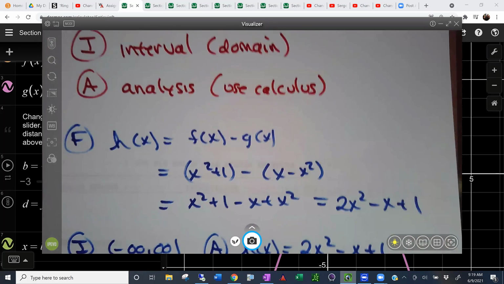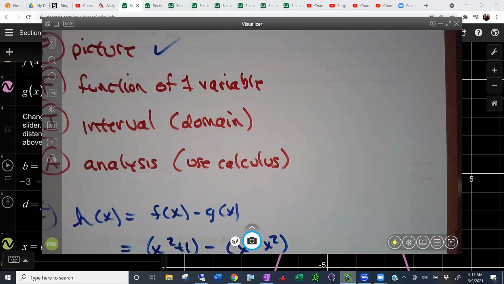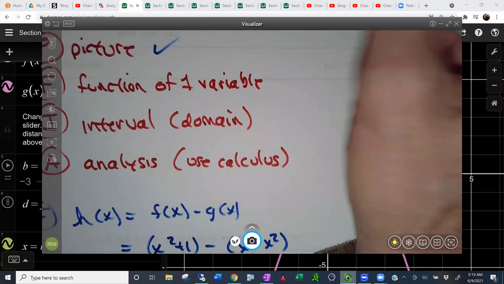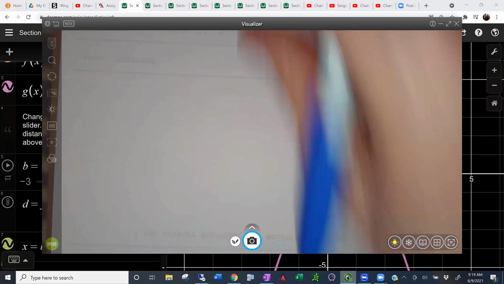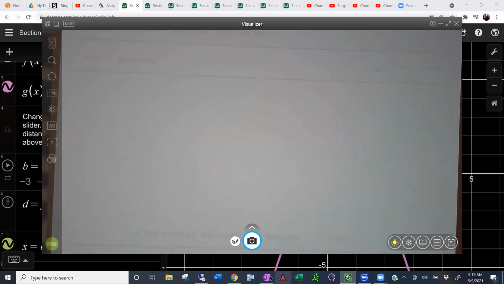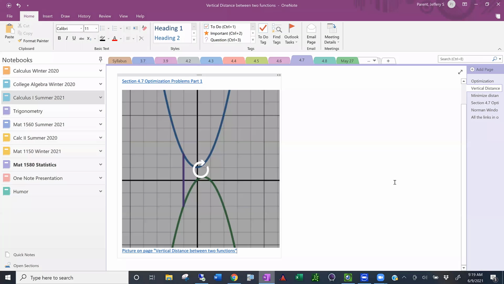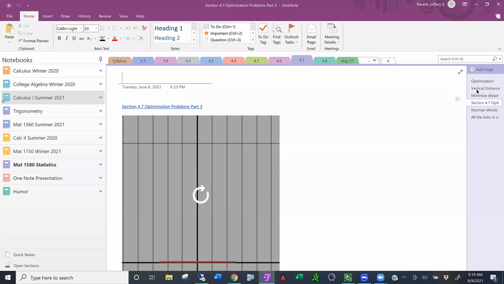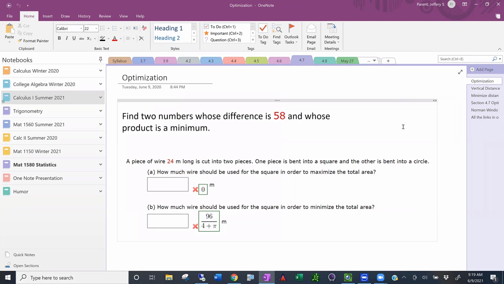Let's do an easy one to follow this up. The only thing about this easy one that I don't really like is that it doesn't really lend itself to the picture part of what I said: picture, function, interval, analysis, that kind of thing. Let's see, it's this one, optimization.